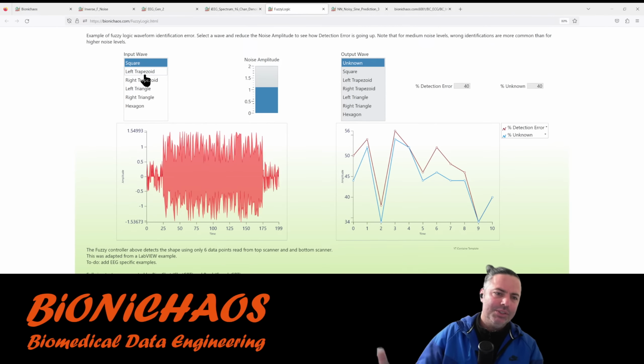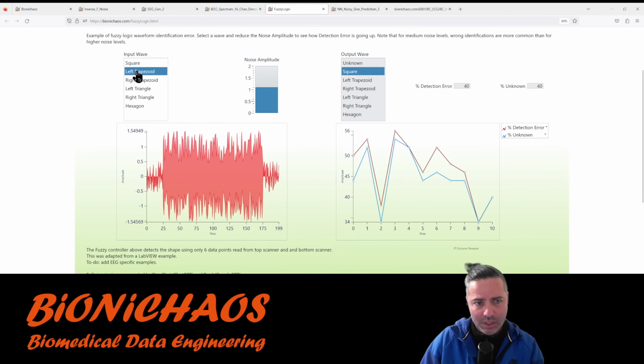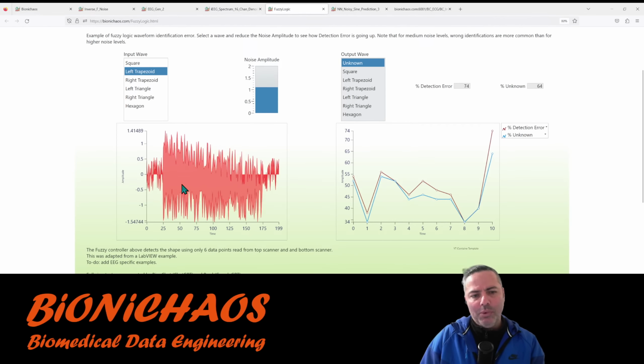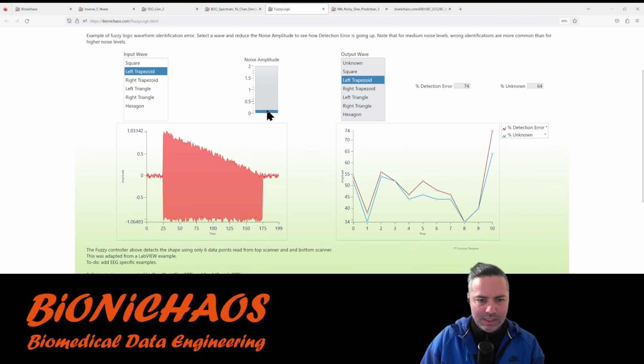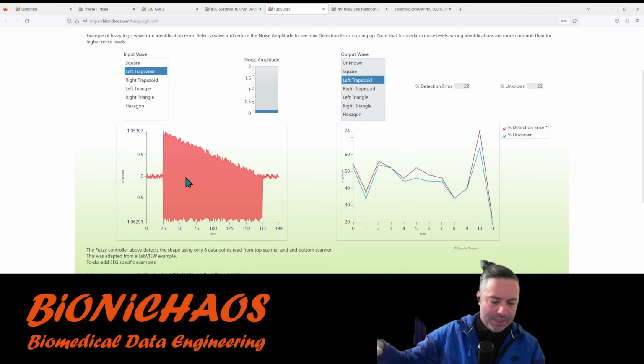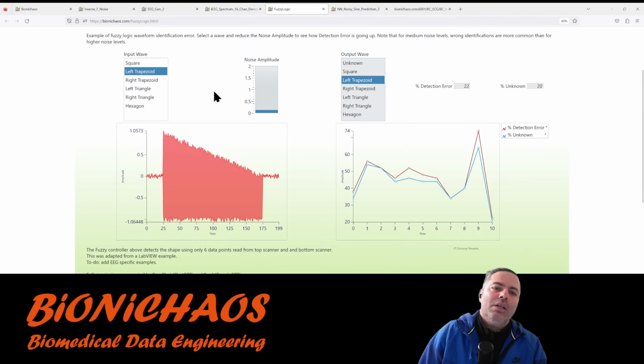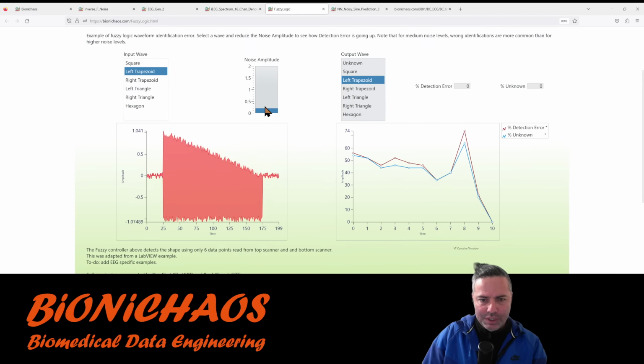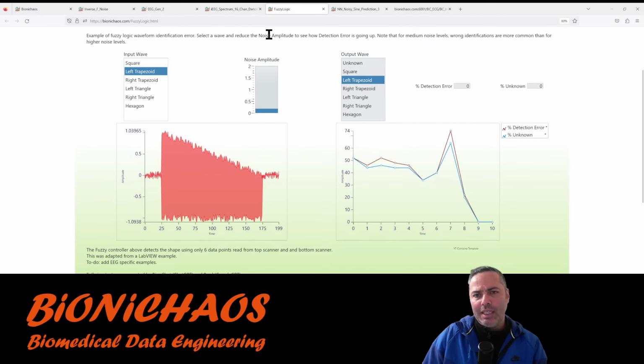So say you have a visual response and you're looking for some specific signature. It won't look as simple as that, but you will have some sort of shape that you're looking for, right? Then if your signal to noise ratio is high, then you can essentially use something like fuzzy logic.